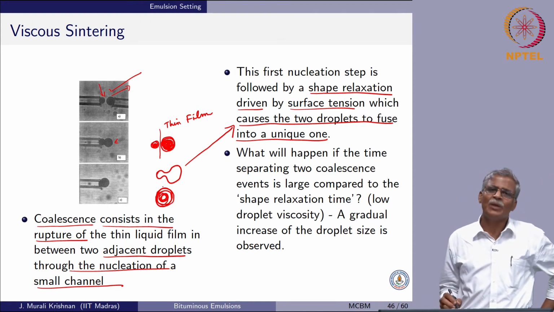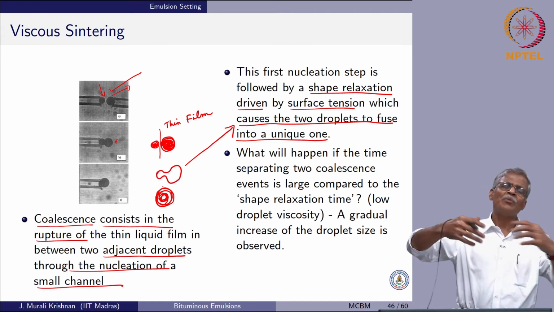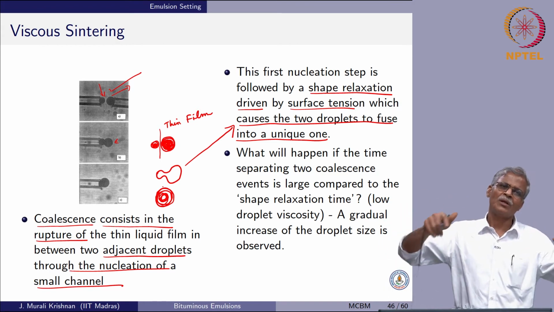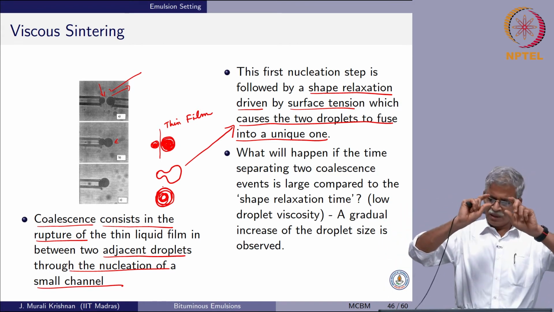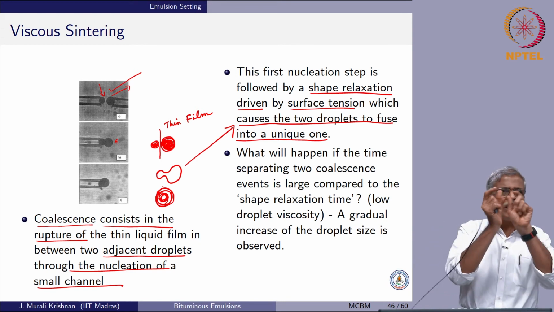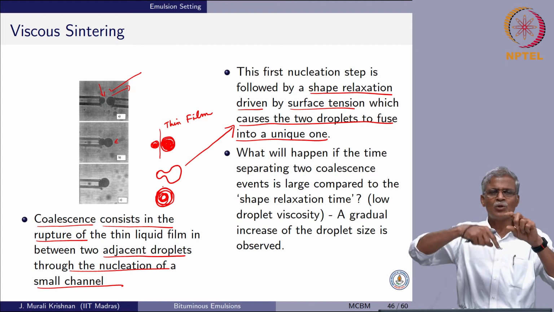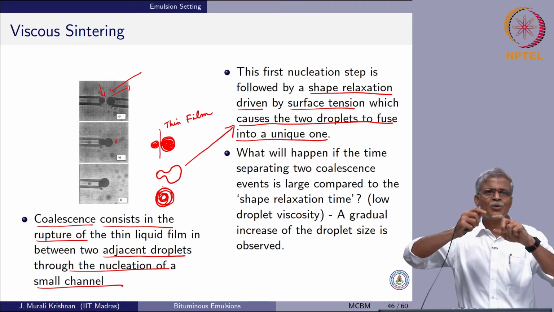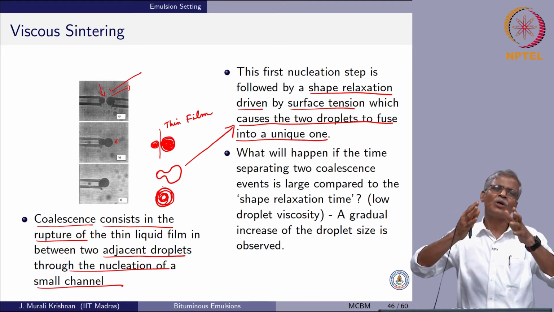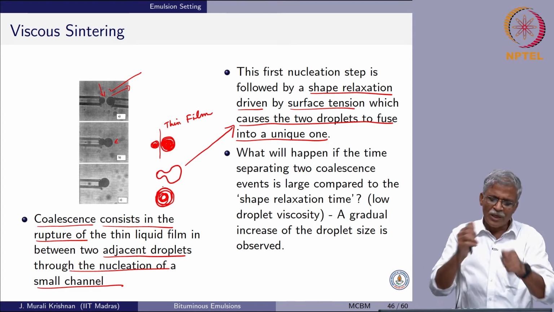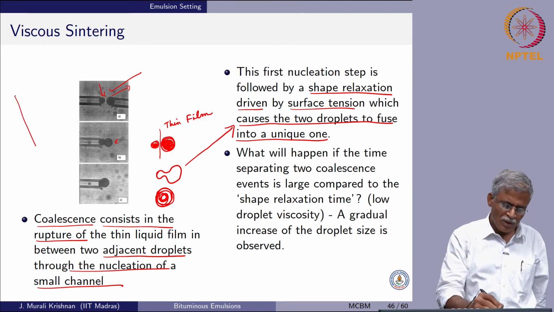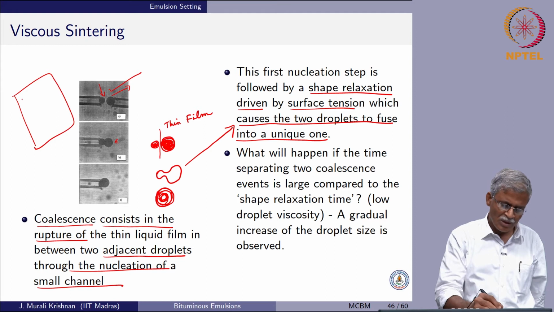What will really happen, and these are events that are happening at different places in the emulsion. So, that means there is a nucleation step. There are two droplets, and this small interface that you see is forced out. So, they just join. Let us take a box full of emulsions, different droplets at different places.